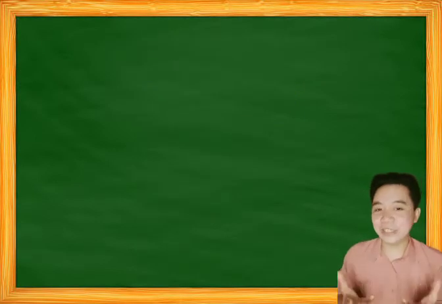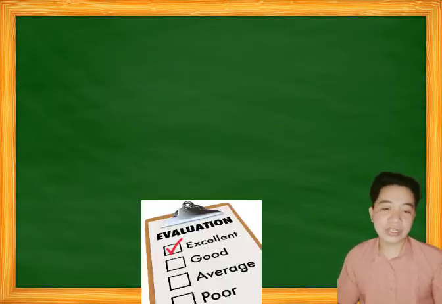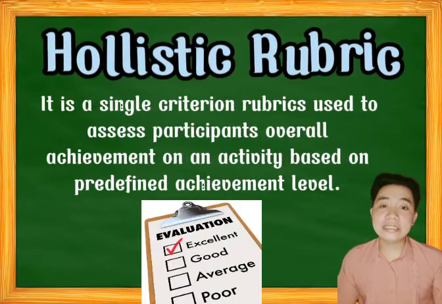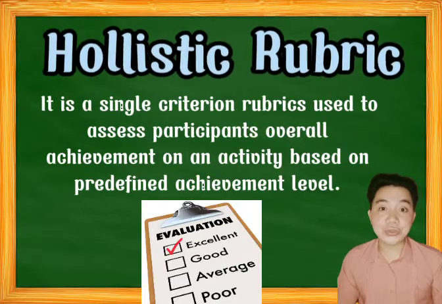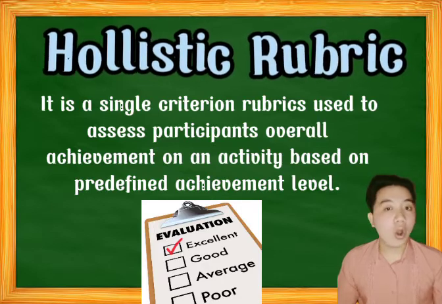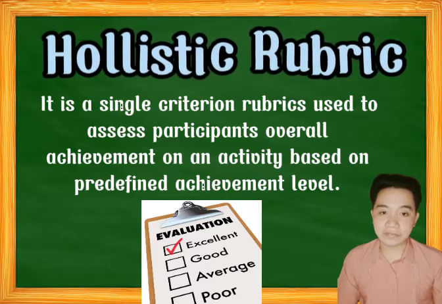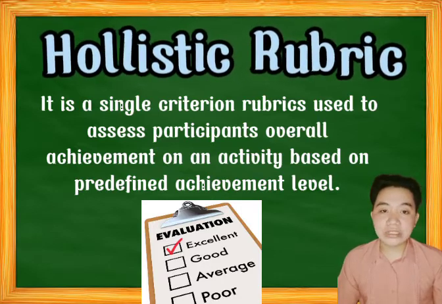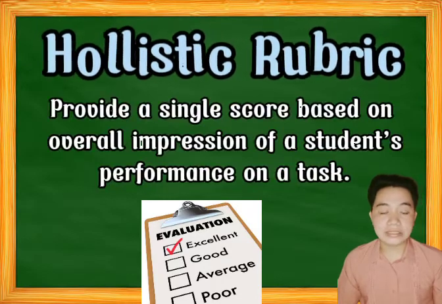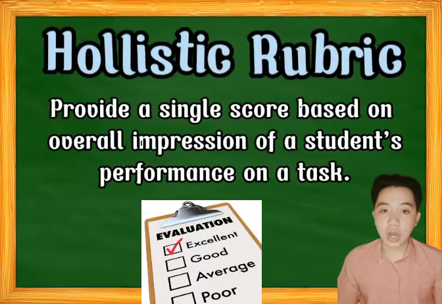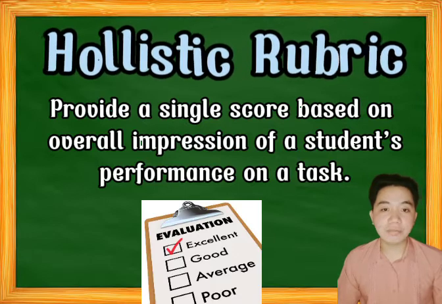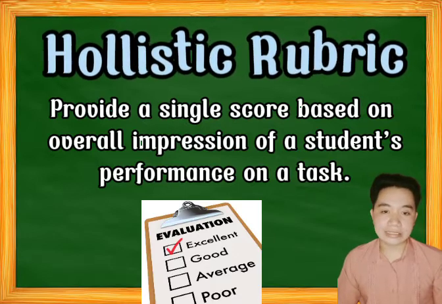Okay, are you ready to learn? So now, let's start with holistic rubrics. It is a single criterion rubric used to assess a participant's overall achievement of an activity based on predefined achievement levels, and provides a single score based on an overall impression of a student's performance on a task.